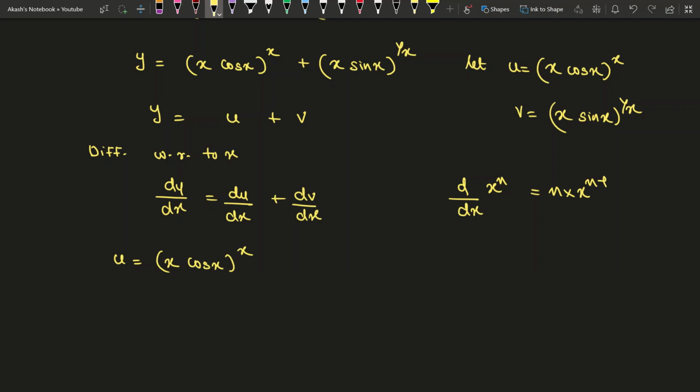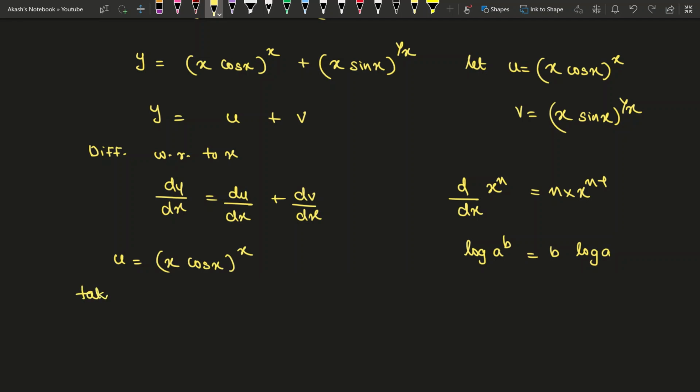But here it is a variable, we cannot proceed like that. In those cases, the simplest approach is taking logarithm on both sides. Why? Because we know logarithm of a raised to b equals b log a. That means this power can be removed by taking logarithm. That is why we will be taking the logarithm.